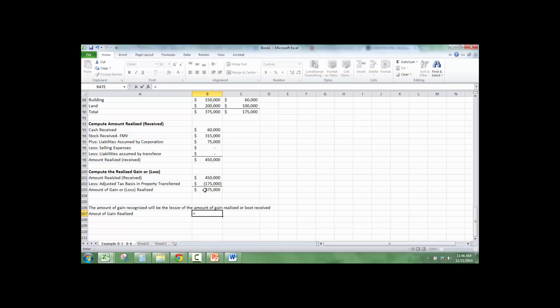The amount of gain realized is this. The boot received is the cash. So we're going to take the lesser amount of gain recognized.